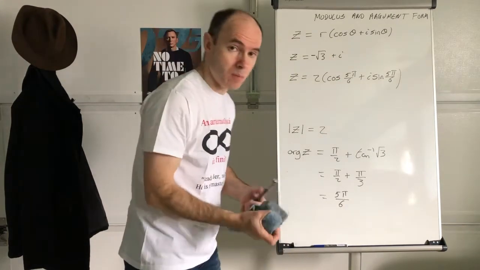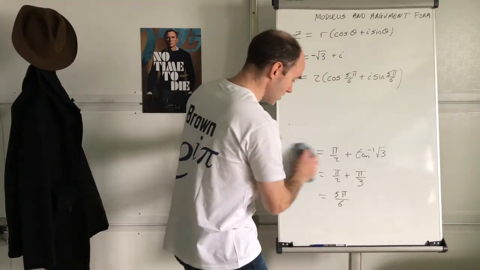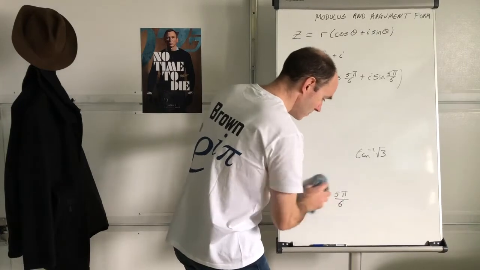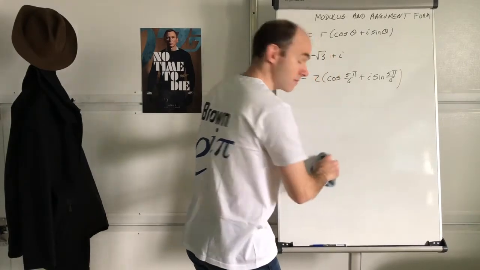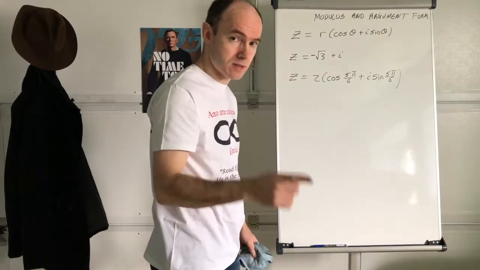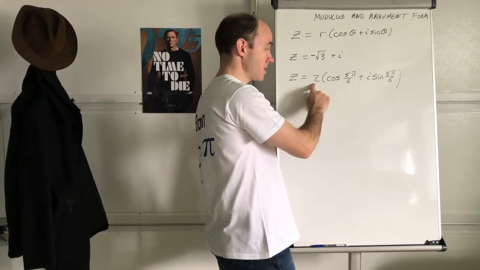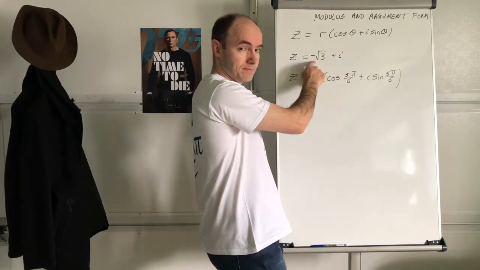Before I move on a little bit more, because I'm not going to talk about this in great depth, you can convert between modulus argument form and Cartesian form very, very easily. It's always easier to convert from there to there. Let me just demonstrate how. Just work out cos 5 pi over 6, times it by 2, you get that, don't you?